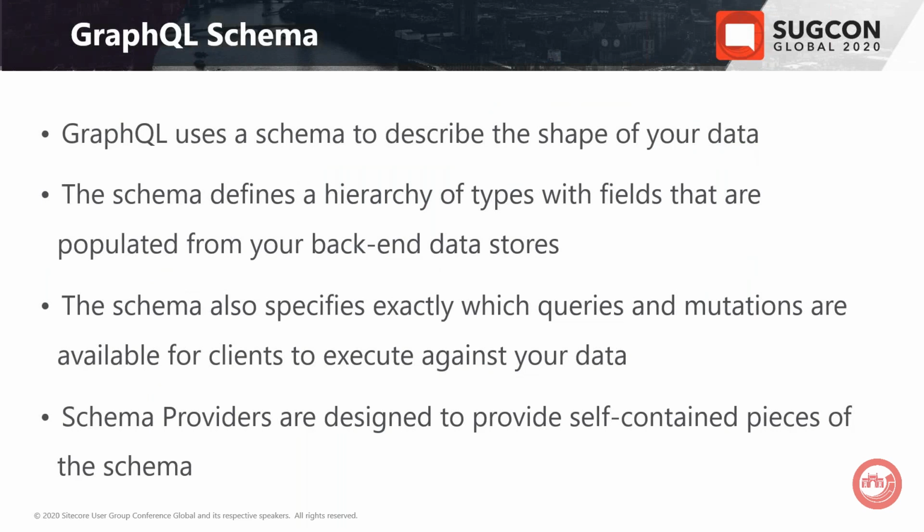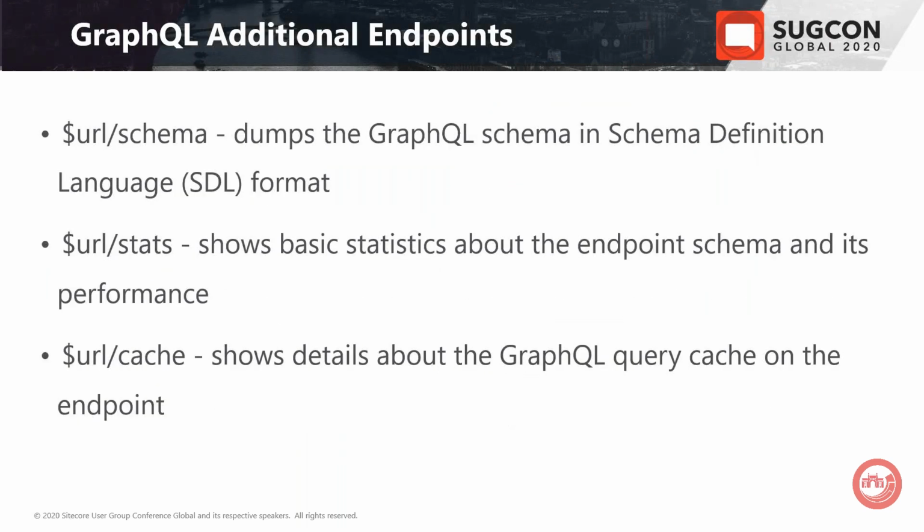Yeah, so we saw this custom schema, and there are default endpoints we saw, master and web. Sitecore GraphQL also provides additional endpoints for validation and checking purposes. Like slash schema: if we put that instead of UI in the browser, instead of master/UI, you can put schema.